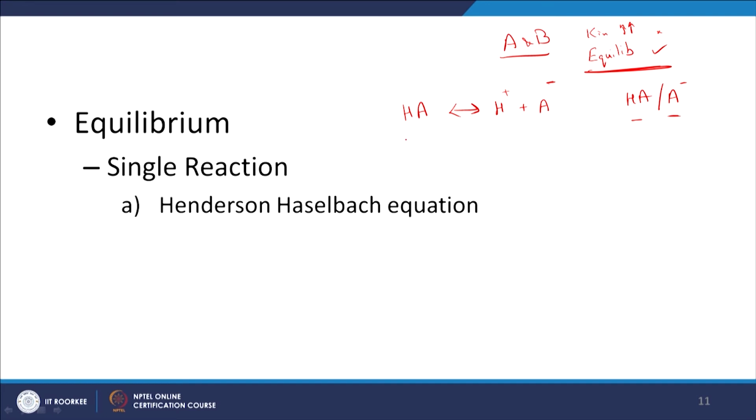So, there are many examples. HCl can go to H plus and Cl minus, and it has only one proton to donate. Or I can have H2SO4, which can dissociate into H plus and HSO4 minus, and HSO4 minus can again dissociate into H plus and SO4 2 minus, right.